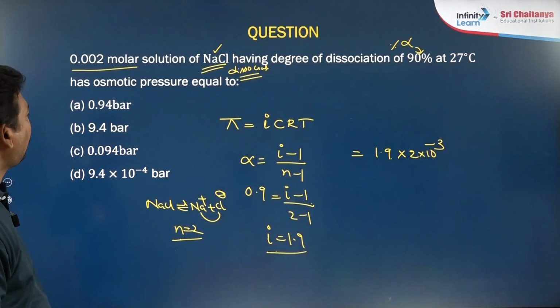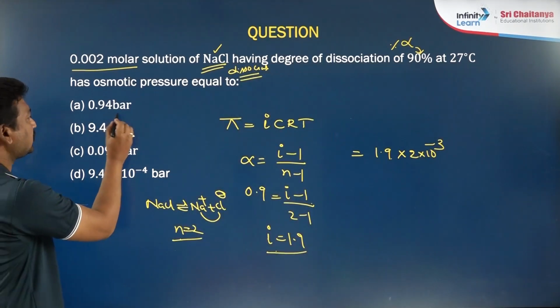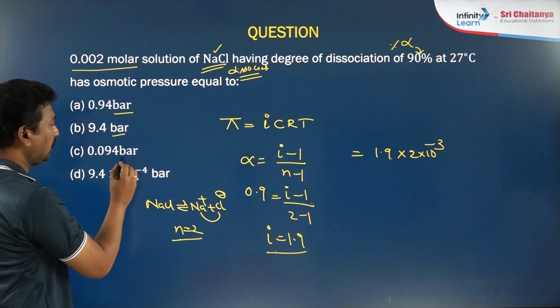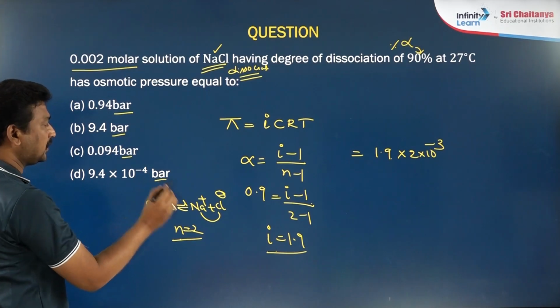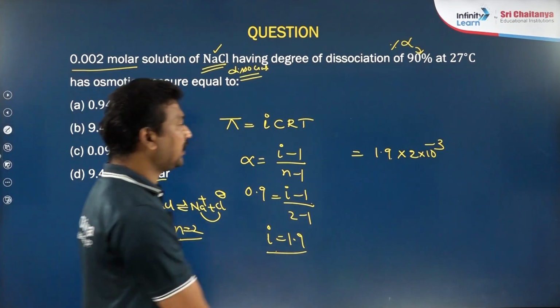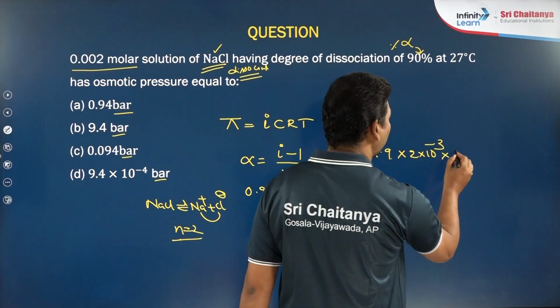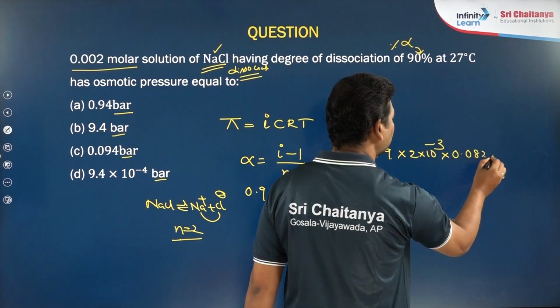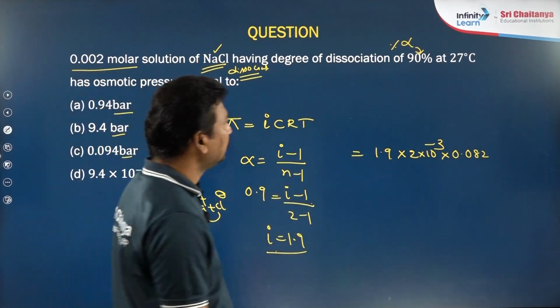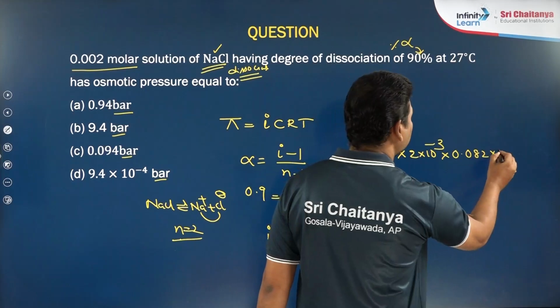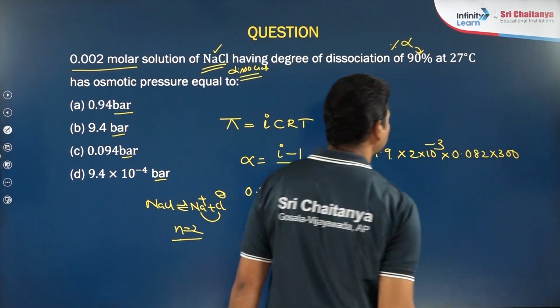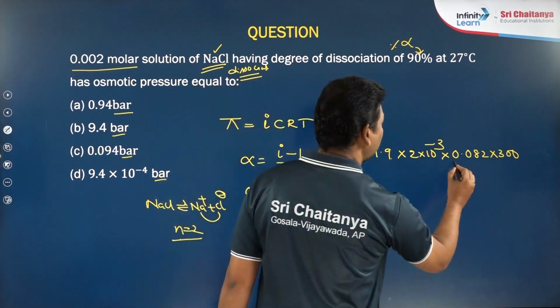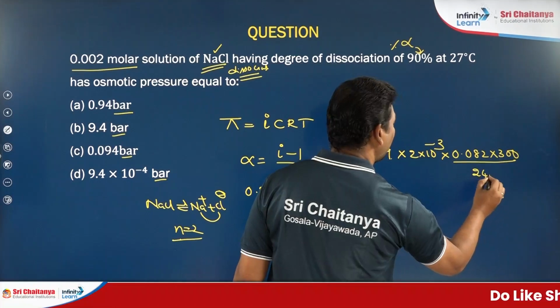And what is the R value? Since all the pressure units in the options are in bar, the R value can be taken as 0.0821. And temperature 27 plus 273, 300 Kelvin. Okay, my dear students, this is approximately 24.6.